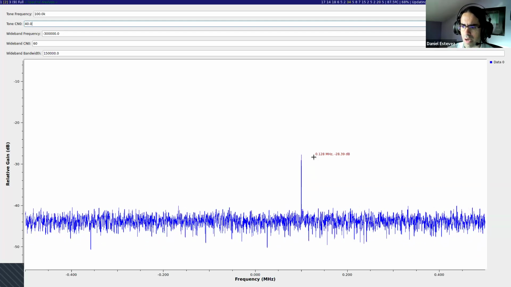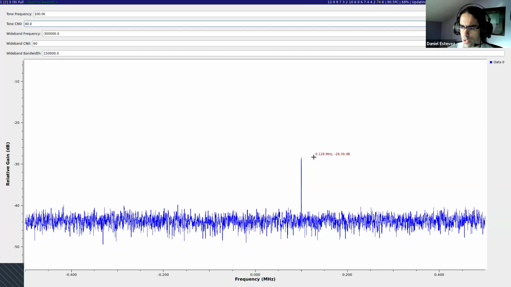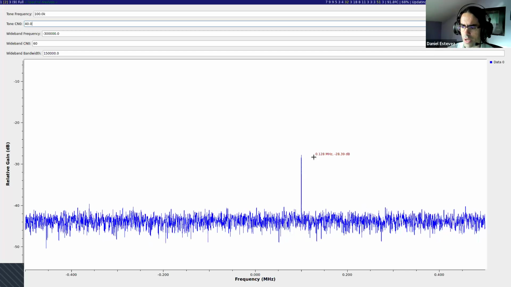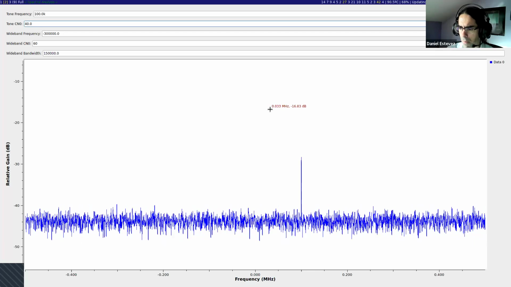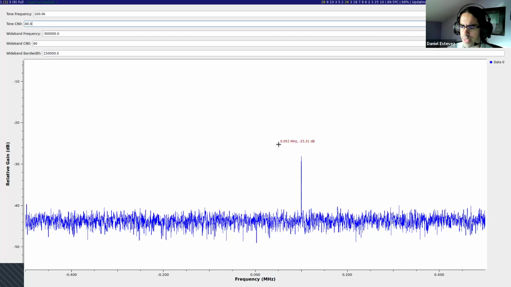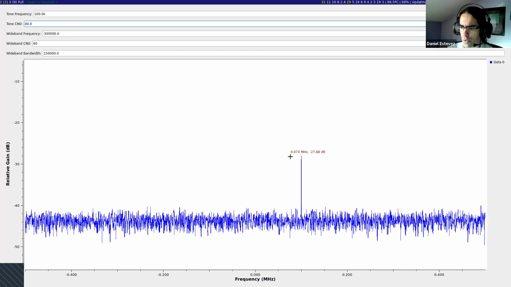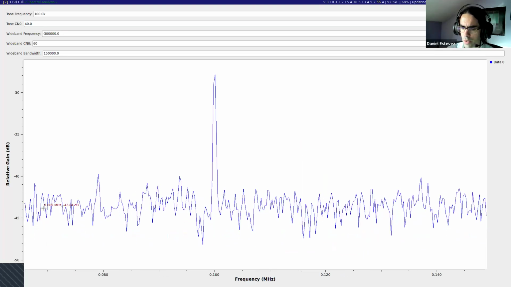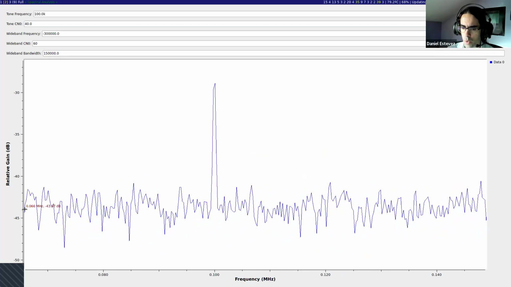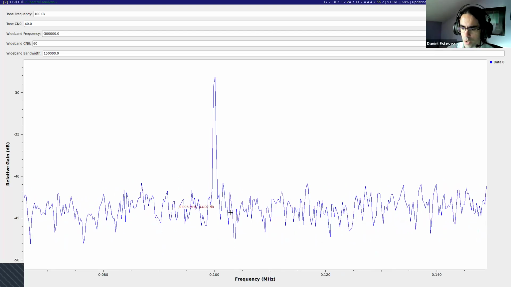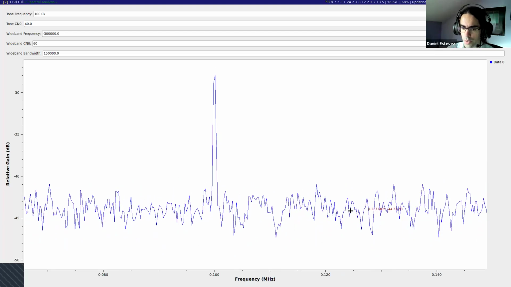But speaking about power of noise is slightly more tricky because it depends on how much bandwidth we use to measure the noise. Maybe you are already familiar that we can measure power in the spectrum. If I were to measure all the power that occurs within that piece of spectrum, the thing I want to do is to compute the integral of this, basically the area under the plot.